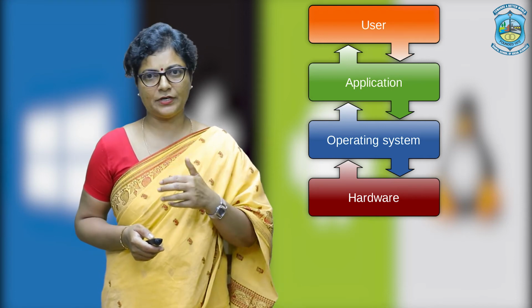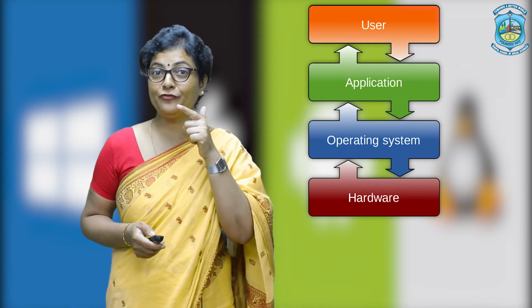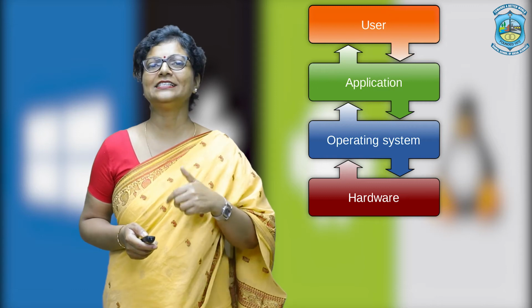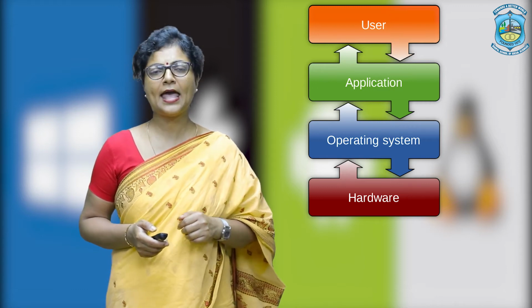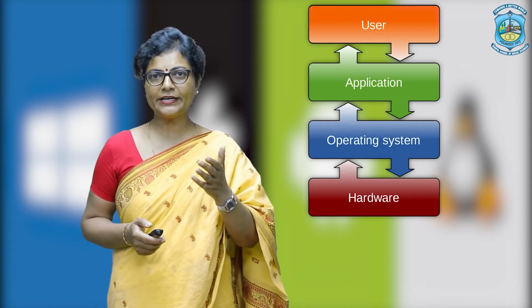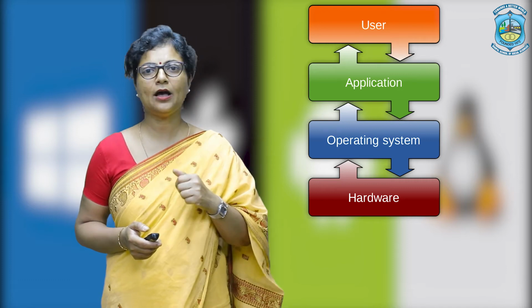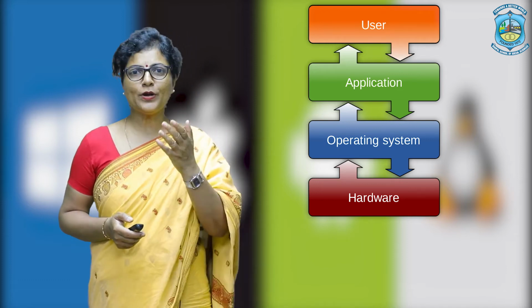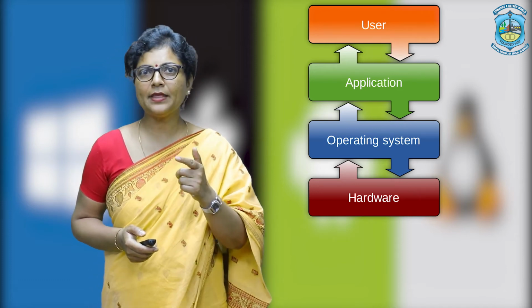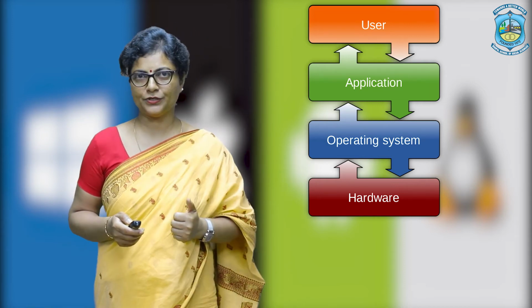So, soon after we purchase a computer, the very first software which we install in the machine is the operating system. And on the top of the operating system are the other system software and application software which are directly handled by the end users. So, you can see that the operating system acts as an interface between the hardware and the user.